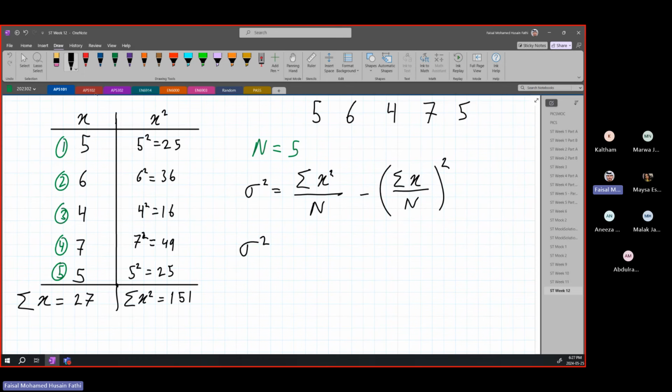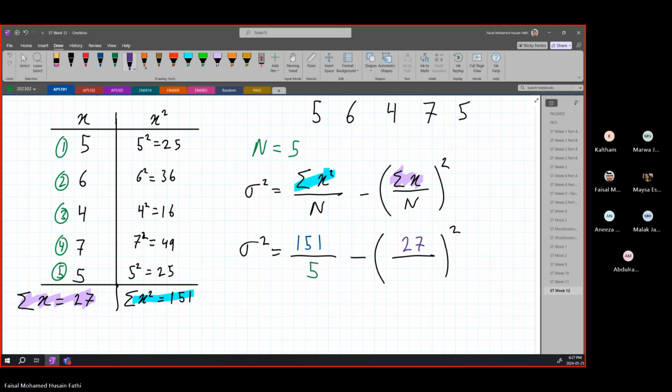The first one is the summation of x squared, which we found here, 151, divided by our n value, which is 5, minus, brackets squared. The next value is our sigma x, which is 27, divided by again our n value, which is 5.